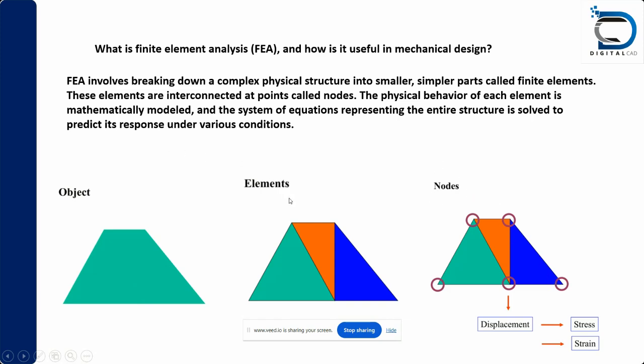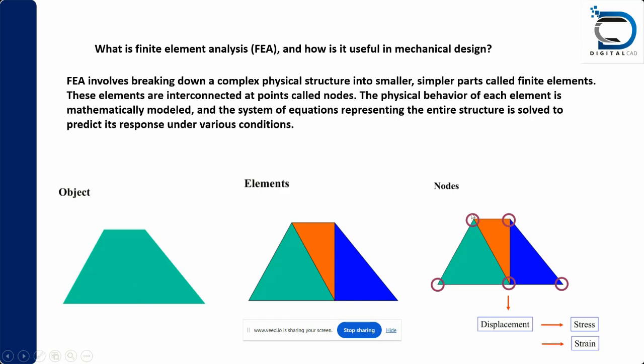So we have to explain this in three portions. First, we have a smaller object or a physical model. That physical model we break into different elements, small portions, and those small portions we connect with the nodes.